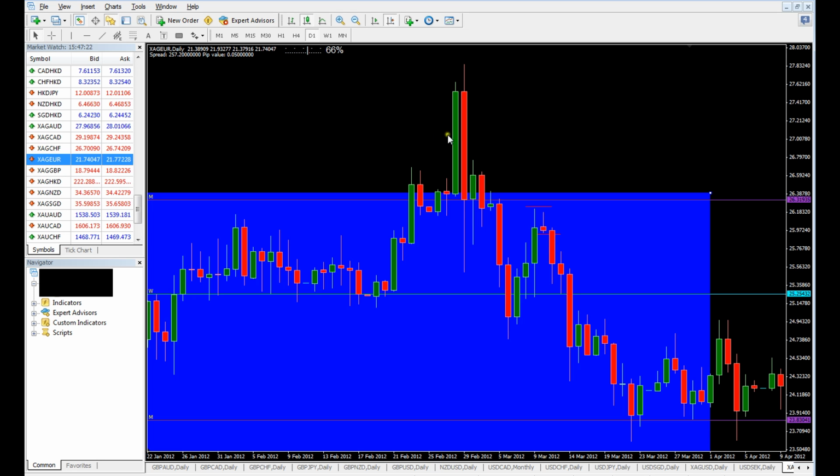What happens the next day? The next day your order is taken, and price is going to close here. You see that basically this level is more or less here, which means the price could be stopped here.